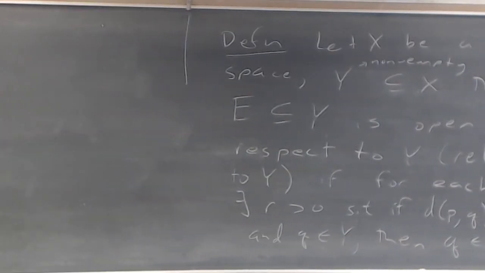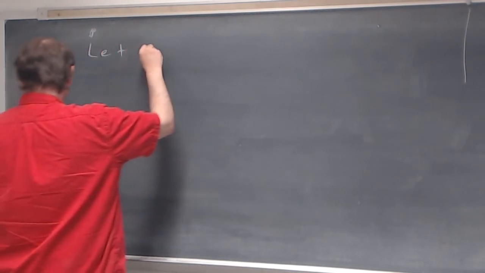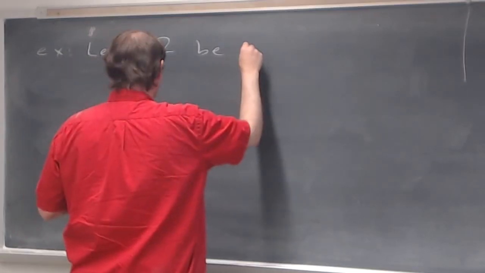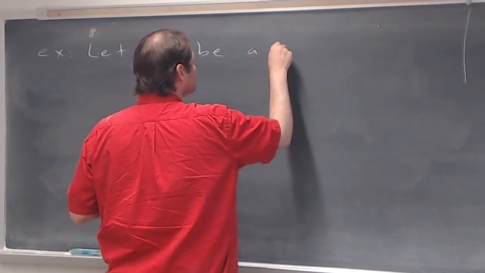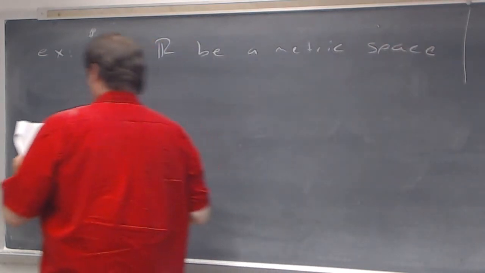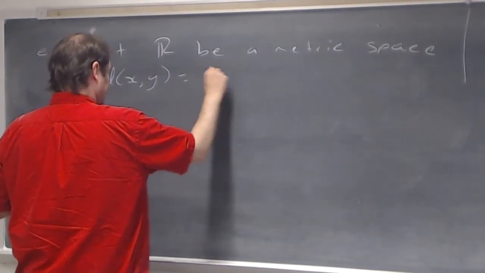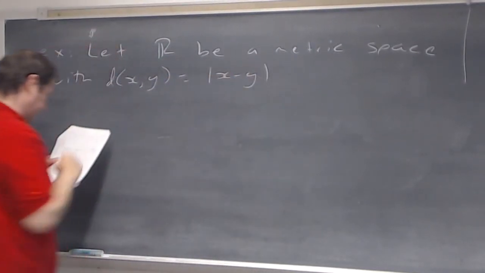We'll look at a quick example. We'll let R be a metric space with the distance between x and y being equal to the absolute value of x minus y.